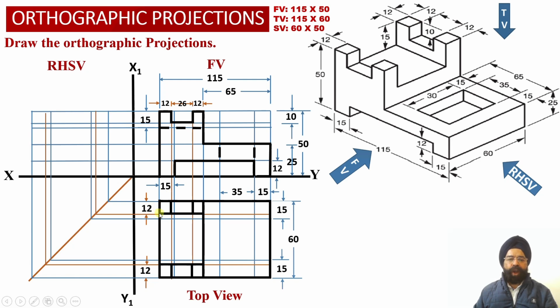There is a 12 by 12 square block on the left hand side of this vertical web on the rear side. Similarly, there is a 12 by 12 square block projection on the left hand side, and again a 12 by 12 square block projection corresponding to this square block on the right hand side. And this is the dimension corresponding to the rectangular slot. So this has 26 millimeter width and 12 millimeter depth.